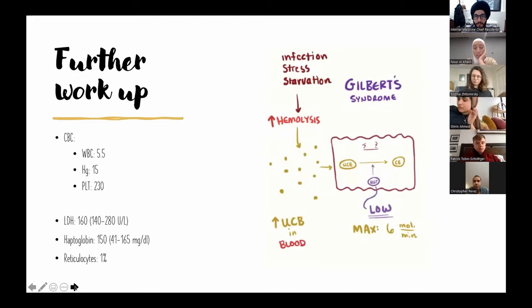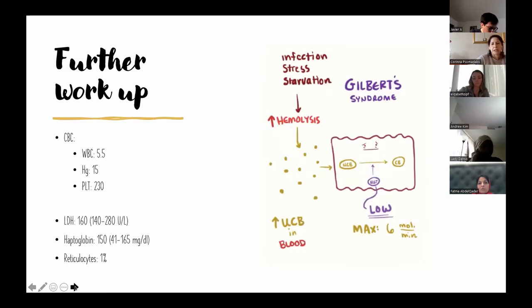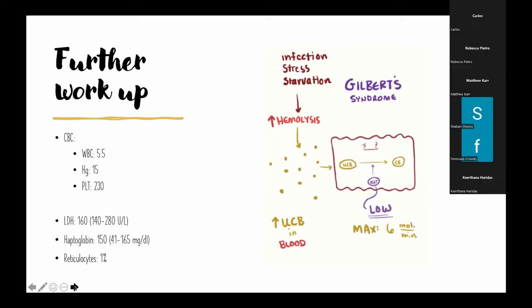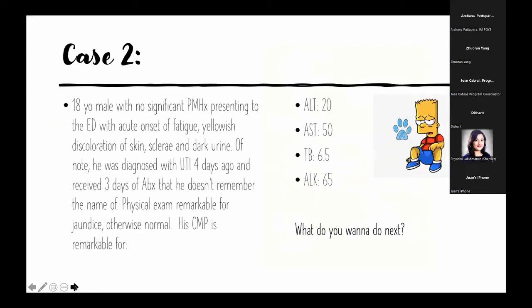So it's an isolated elevation in his indirect bilirubin in a healthy patient after exercising. As you mentioned, it's most likely Gilbert syndrome, which is a relative deficiency in the enzyme that usually converts the unconjugated bilirubin into conjugated or direct bilirubin. Okay, next case. Who wants to do it?